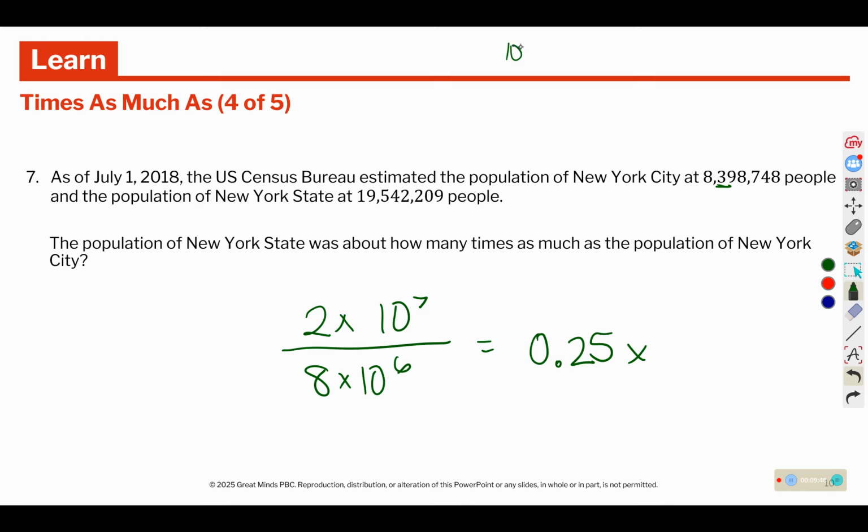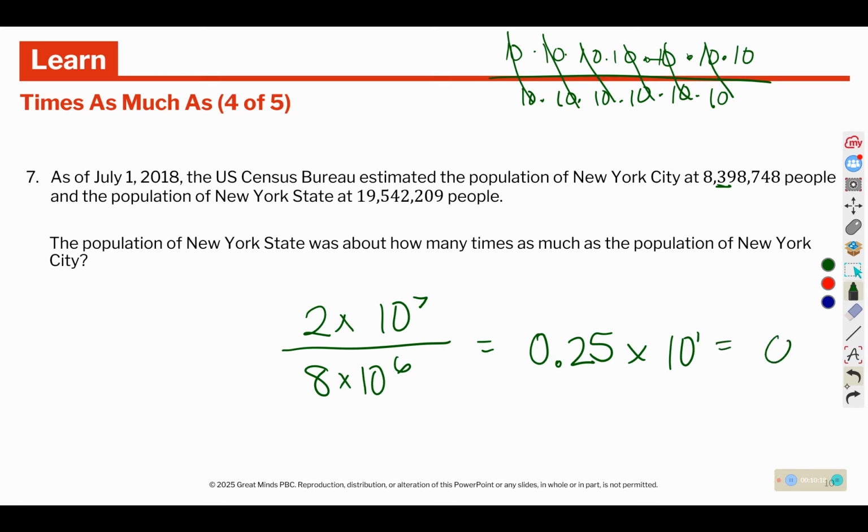If we put out 7 tens multiplied together, divided by 6 tens, these divide out, leaving us with 1 ten. Multiplying by a 10 moves the decimal 1 position, so this becomes 2.5. So it's approximately 2.5 times as much as the population of New York City.